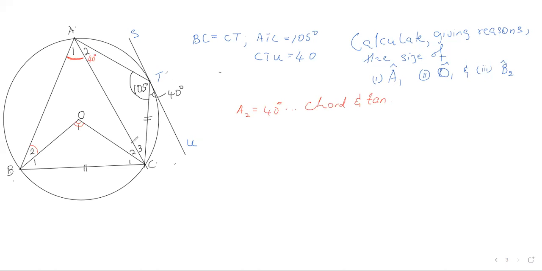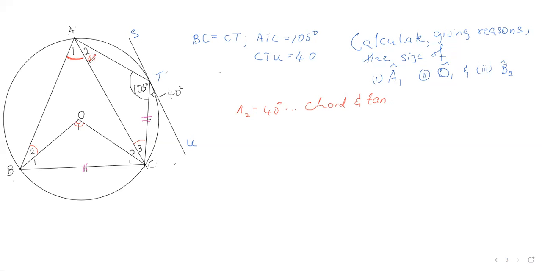Now, you know that this one must be the sum of the angles of a triangle, and we are given that CT is equal to BC. Now in triangle ABC, we have BC, and in triangle TAC, we have TC.